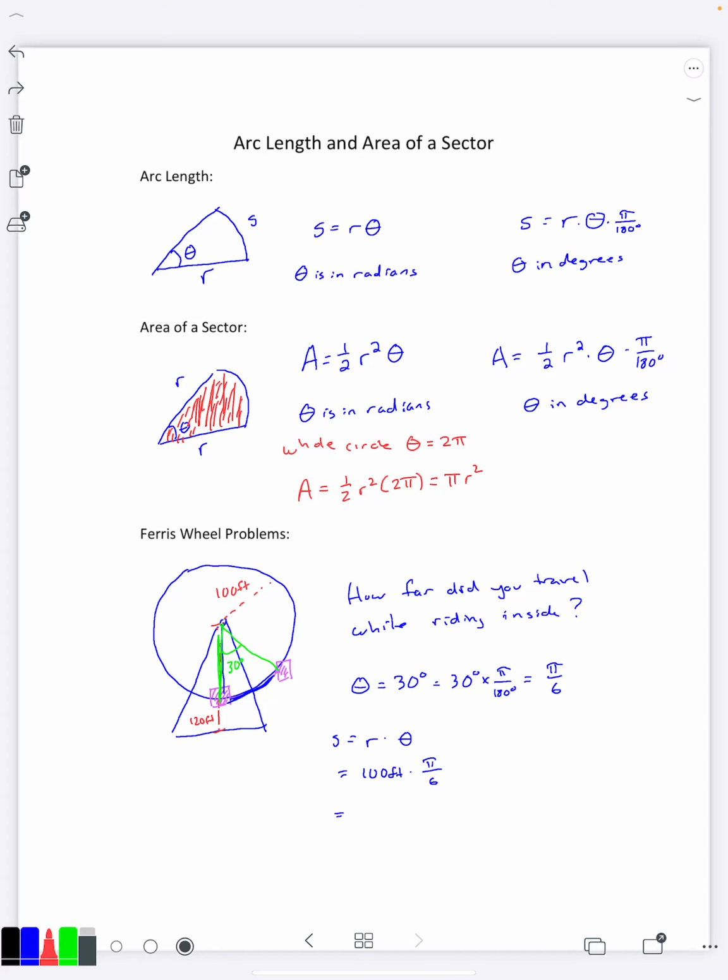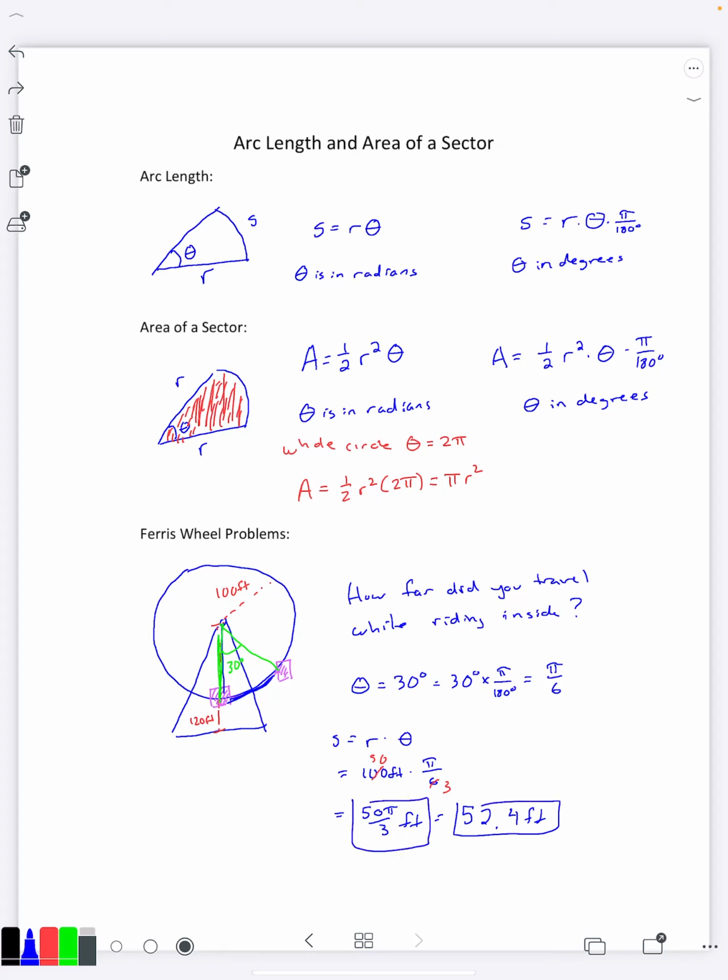You can reduce, divide by 2, and that means we would have 50 pi over 3 feet. That is the distance we traveled. If we'd like to get an approximate value as a decimal, let's say round to 1 decimal place, this means you traveled about 52.4 feet in the air.